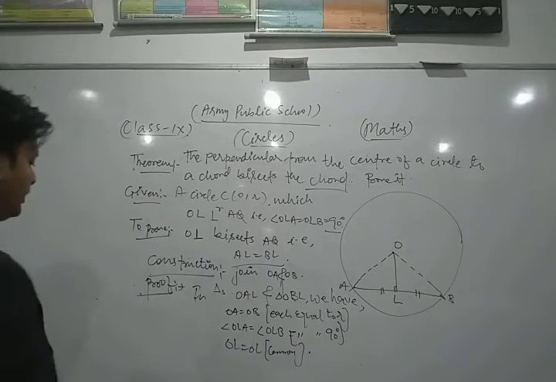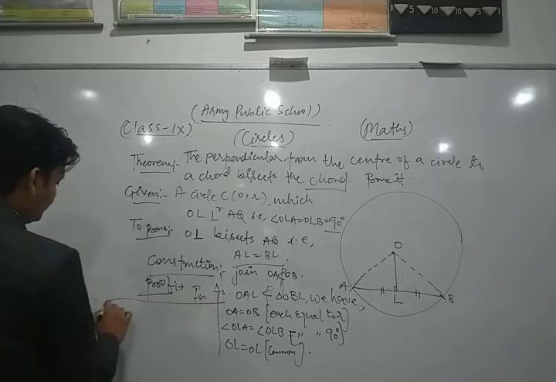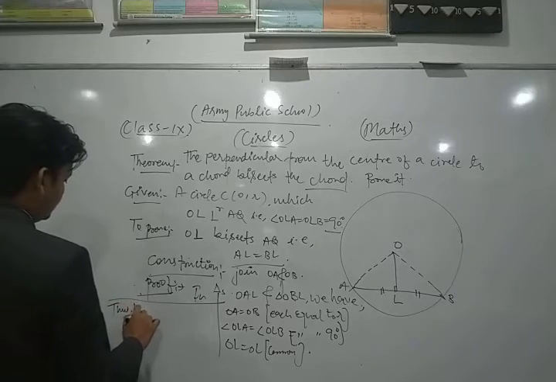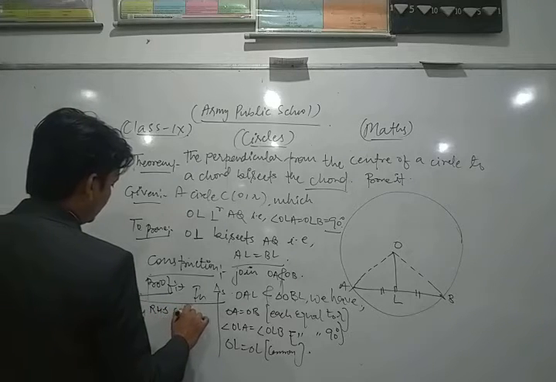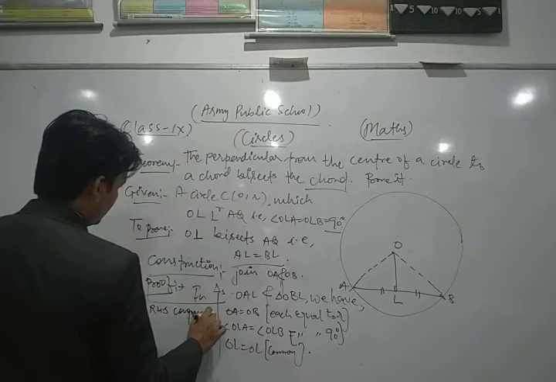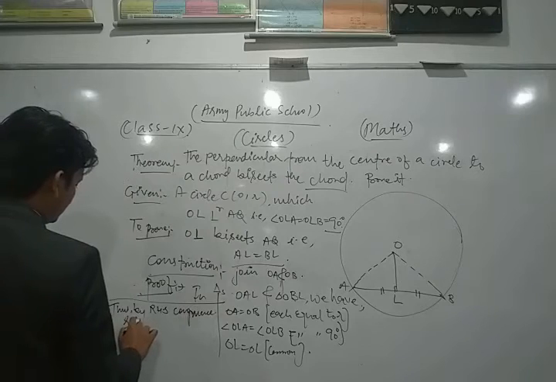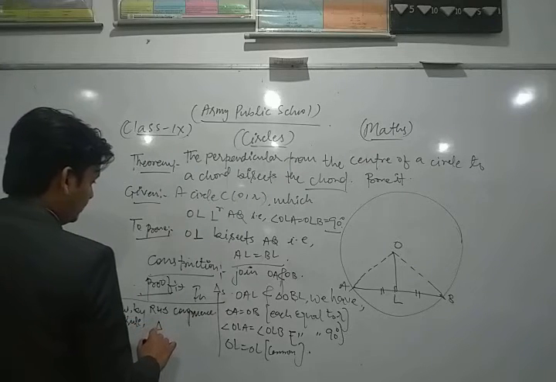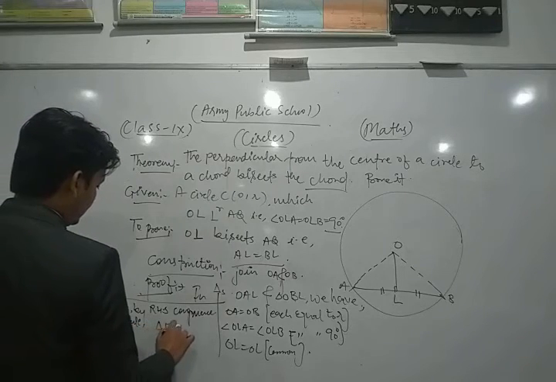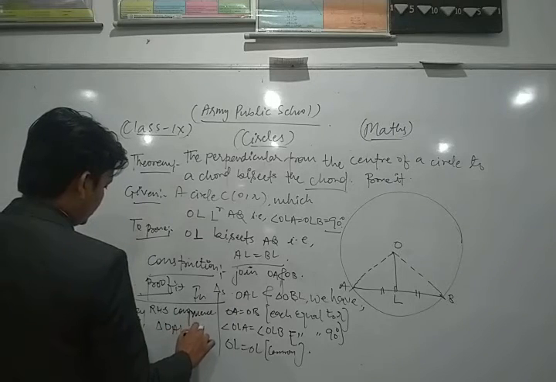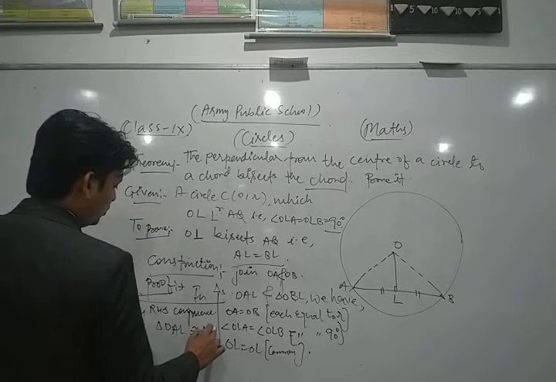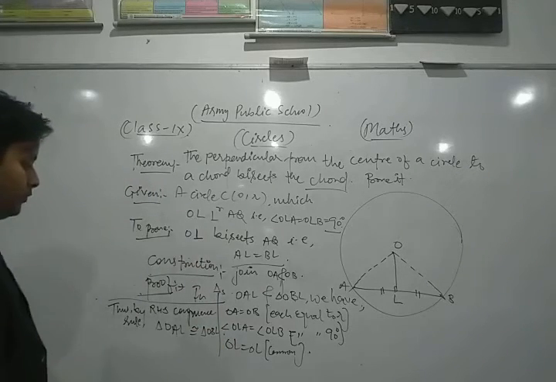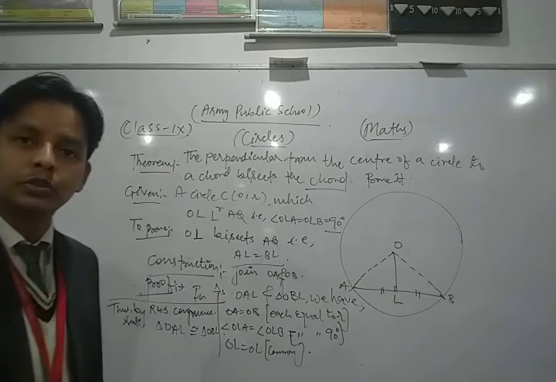Thus, by the RHS congruence rule, triangle OAL is congruent to triangle OBL.